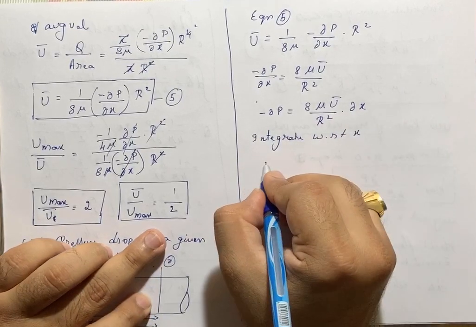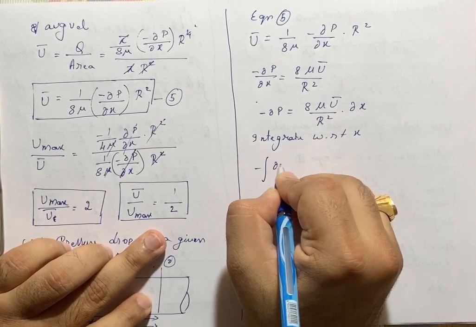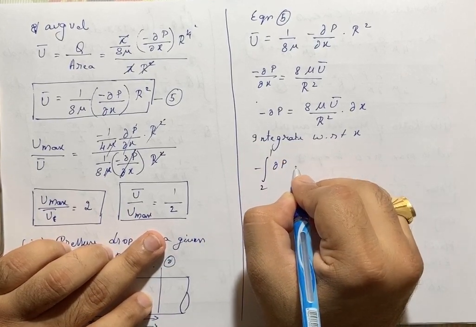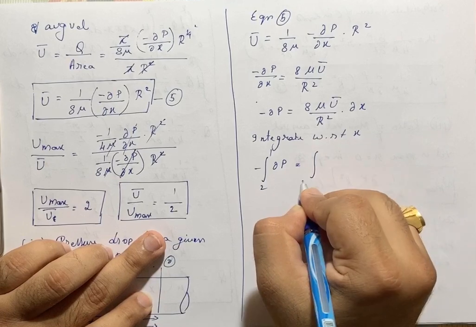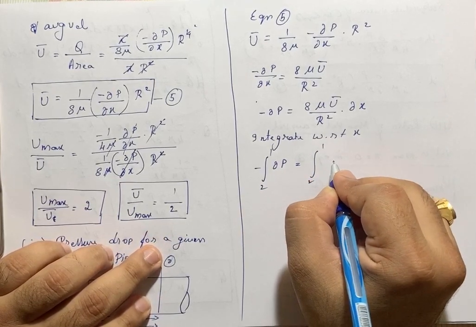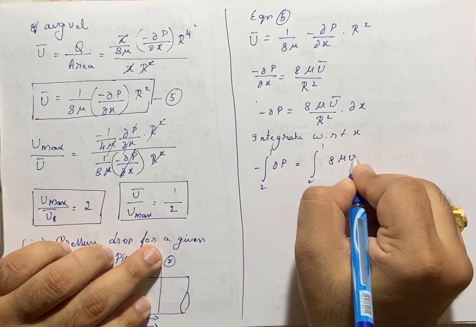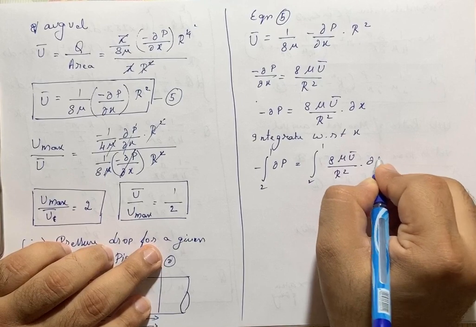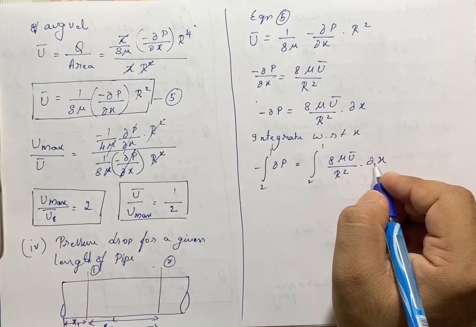So what we will get is the integration of minus dou p from 1 to 2 is equal to the integration from 1 to 2 of 8 mu u bar divided by r square into dou x, right.